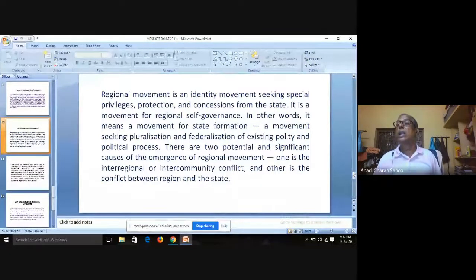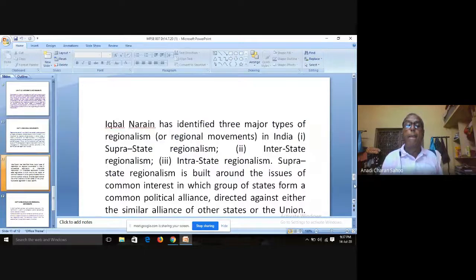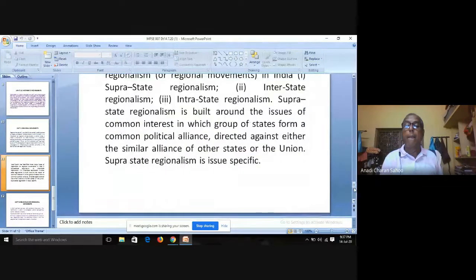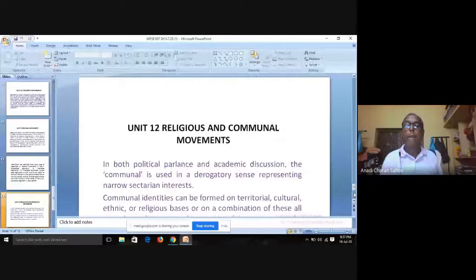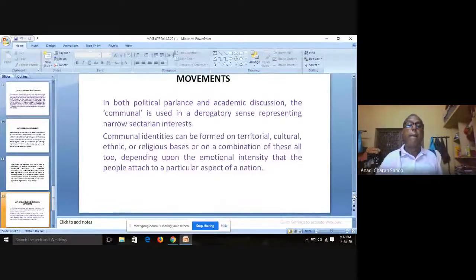Last one, religious and communal movement. In both political parlance and academic discussion, the term communal is used in a derogatory sense, representing narrow sectarian interests.